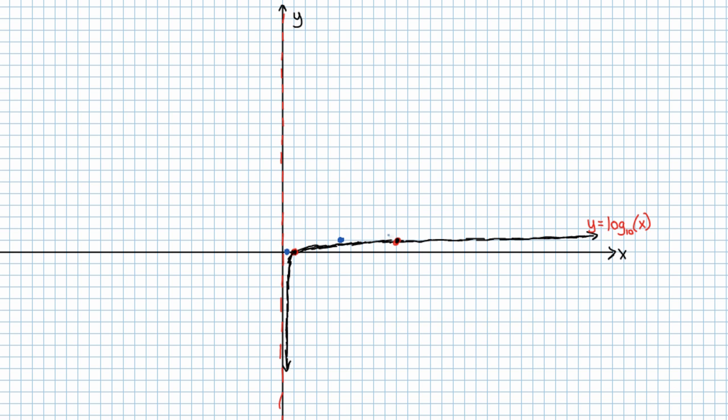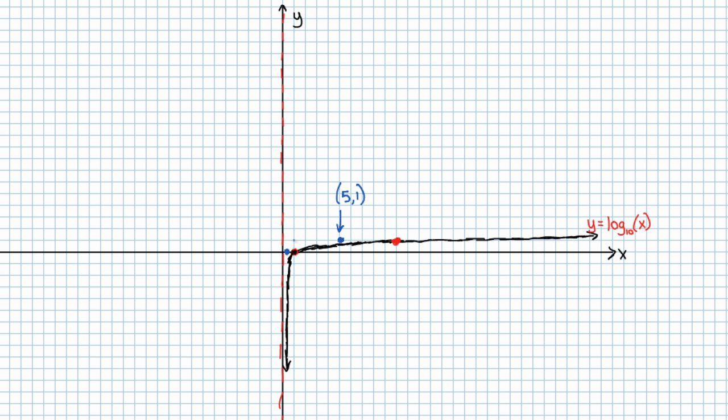Notice that I erased the old values that we had written in there. The rightmost red point was 10, 1. But because we're compressing everything horizontally by a half, that point will be compressed to half of that. The x value will now be 5. So this point right here will occur at 5, but the y value hasn't changed.